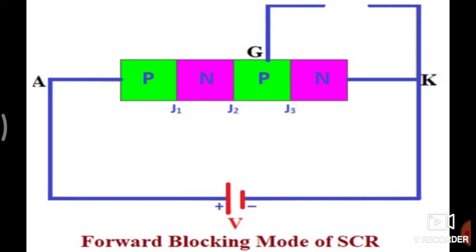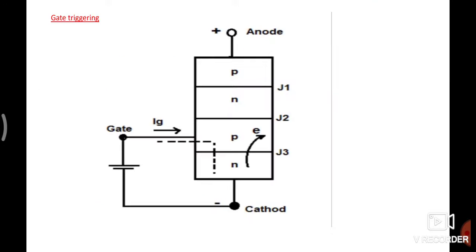In forward voltage triggering, we apply a high voltage across the anode and cathode terminals and keep increasing it. Because of this increase, the junction J2 will break down at a particular point. In this way we trigger the SCR.